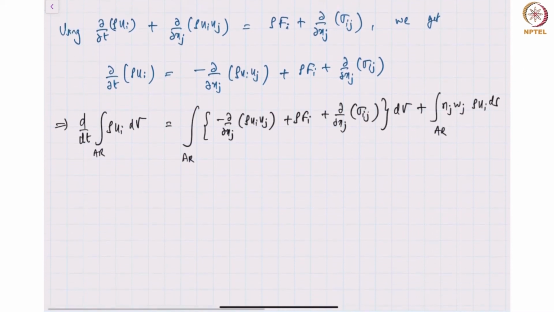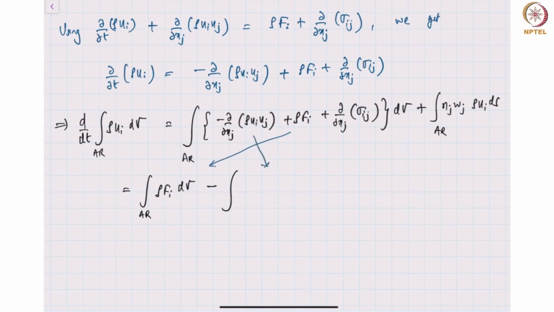Now we can separate them into separate integrals. So we have the body force term. I can use the divergence theorem here, so first is the body force term here. The next is the convective term.